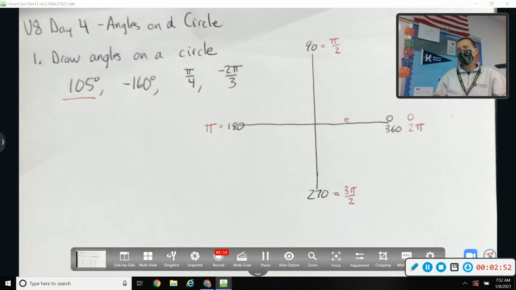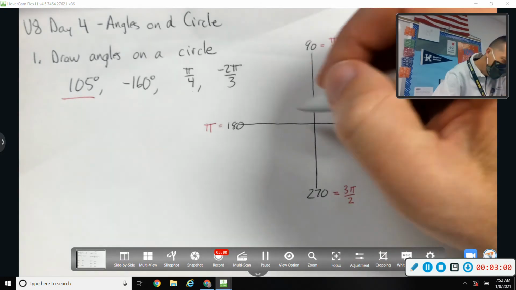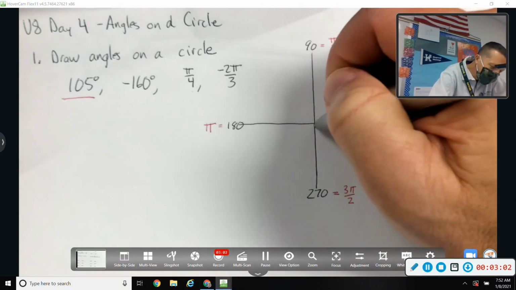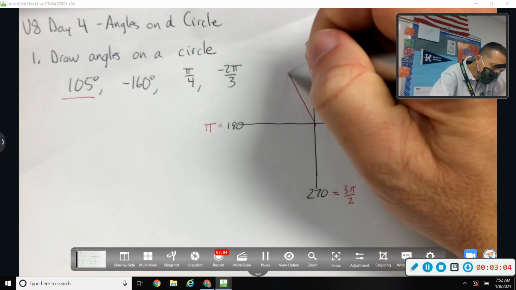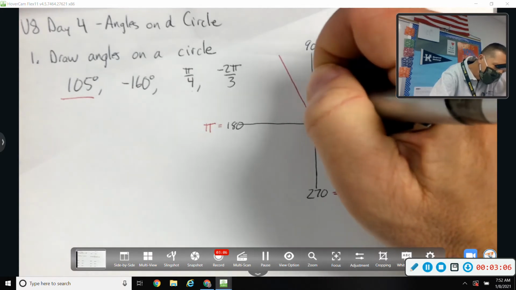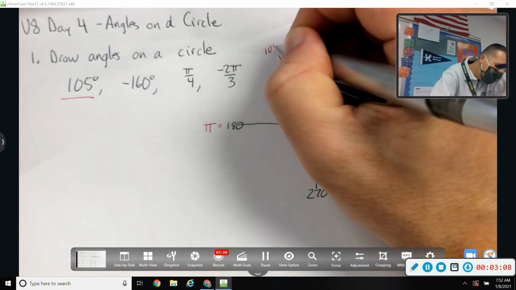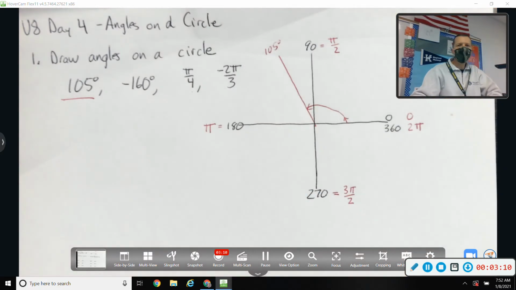Again, I don't need you to have a protractor, just get it a little bit past 90. So I'm going to say that right there is 105 degrees. Again, if I used a protractor, would it be 105? I don't know, it might be 100 or 110 or something, but close enough.